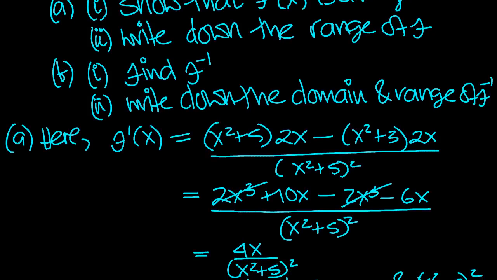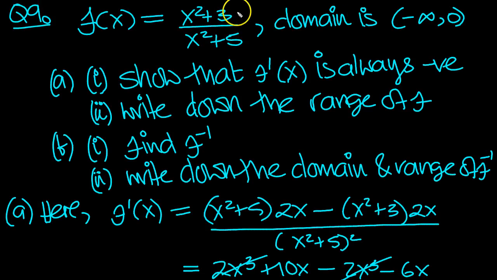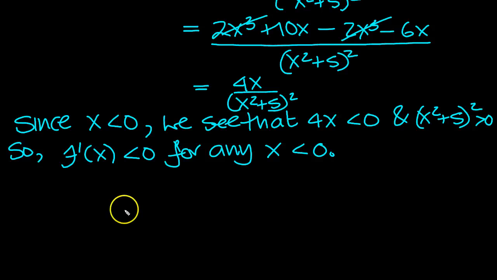Write down the range of f. So it's a negative gradient. It's defined on minus infinity to 0, and it's going downhill. So what is it at minus infinity really? When x is 0 it's 3/5. So if we do a little sketch of it, it's only defined on minus infinity to 0, so back that way of course.